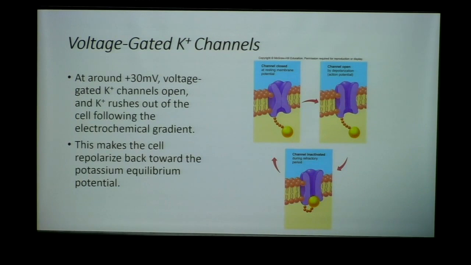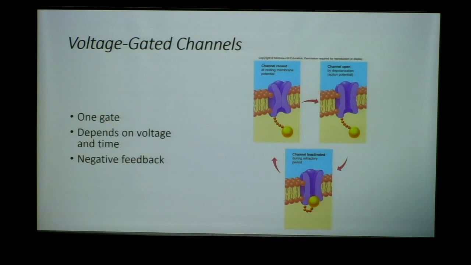Right, so lots of positive charge leaving the cell is going to make inside more negative, right? So as potassium leaves the cell, we repolarize the membrane. Our membrane potential slowly falls back to its baseline. This makes the cell repolarize, and in doing so, it is approaching the equilibrium potential for potassium, which we know to be very, very negative, right?